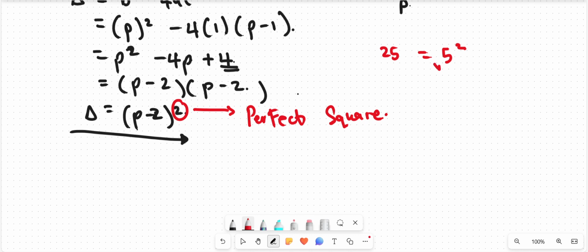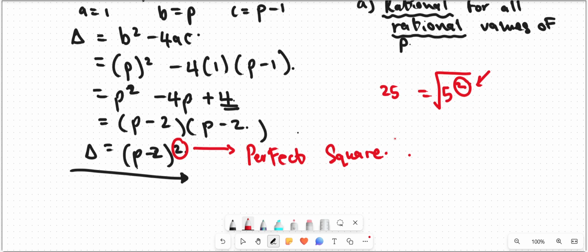So anytime I see something that has a square, it is in fact a perfect square. And anything that is a perfect square tells me that actually it's rational. So again, perfect square tells me that it's rational.